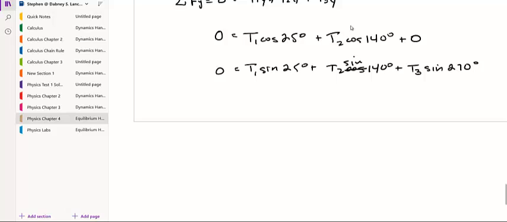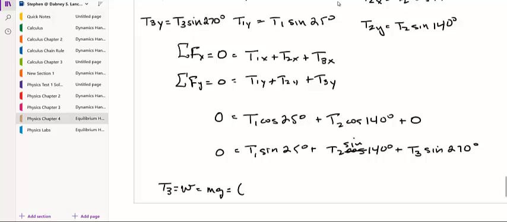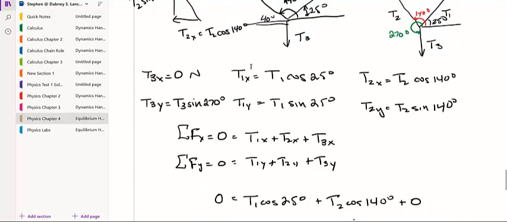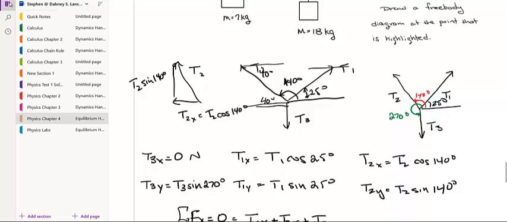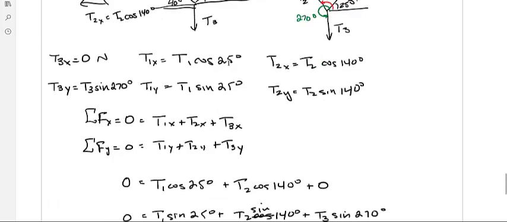So we could, let's do over here, T3 is equal to the weight, which is equal to the mass times acceleration due to gravity. So for the first option, we've got 7 kilograms for the mass times 9.8 meters per second squared. And for the second iteration, we've got 18 kilograms.